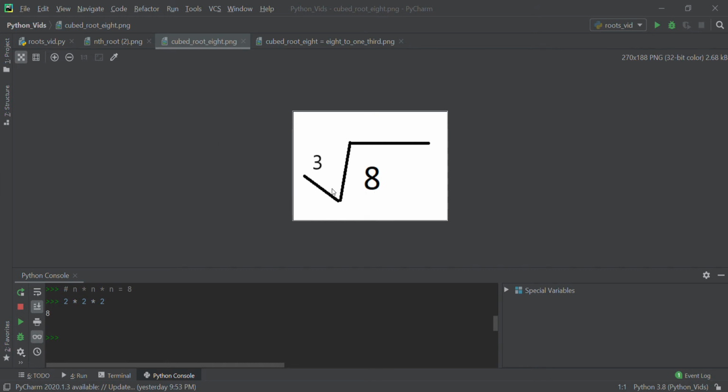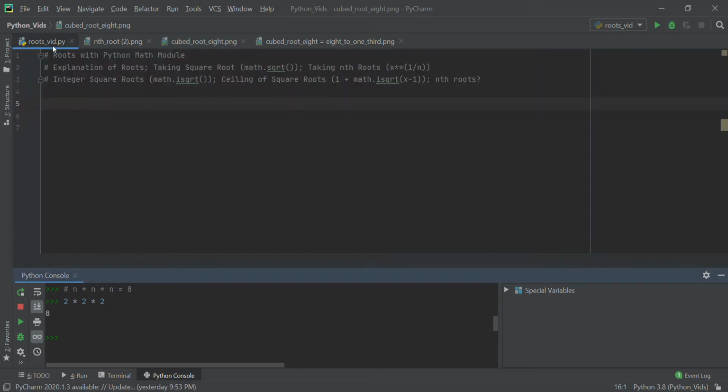As an aside, just to clarify, I did mention that we're not going to be writing out this radical symbol. You actually can write it, you can print it in Python. It's not going to give you a means of doing the operation. But just to show you, without going in depth into Unicode and all these things, which is not the topic of the day, the easiest way to do it is probably just to Google the radical symbol in Unicode, copy it, and then paste it in.